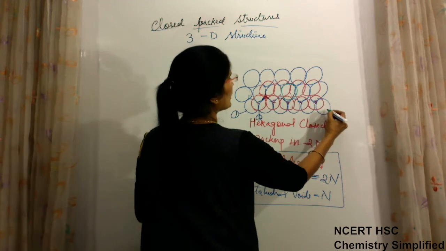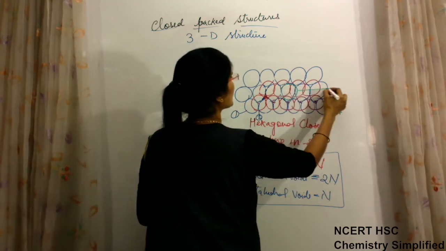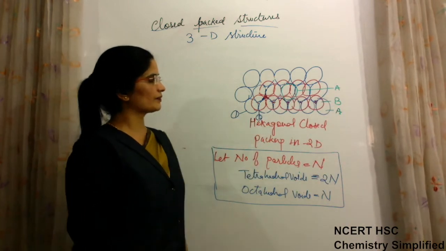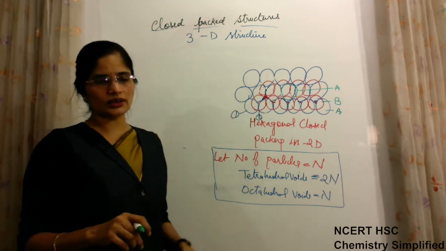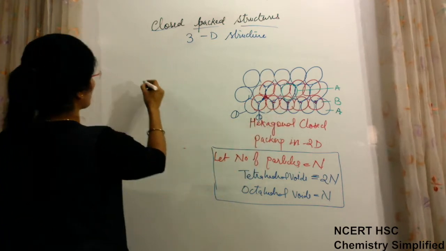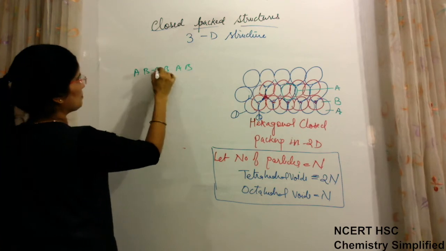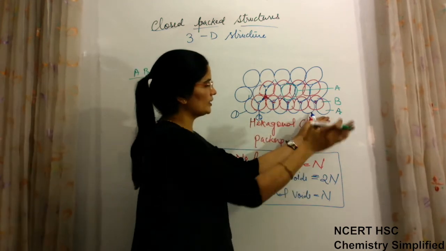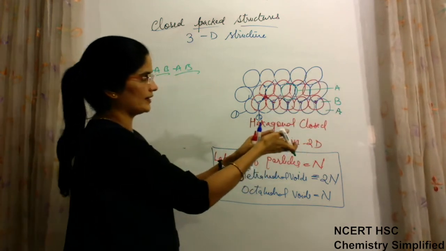That means if this layer is A and this layer is B, then the third layer is again A, exactly over the first. So if I put the third layer on the tetrahedral void of the second layer, the arrangement is AB, AB, AB type repetition. The second layer is different from the bottom layer, and again the third layer is similar to the first layer.